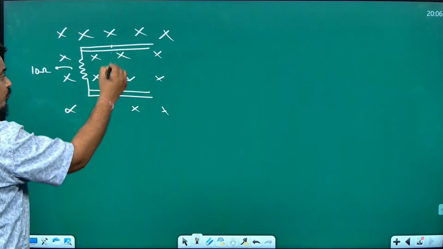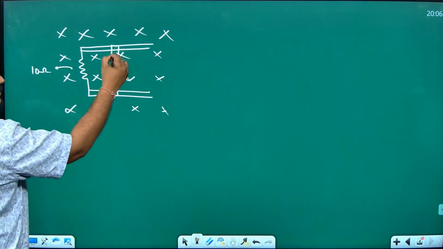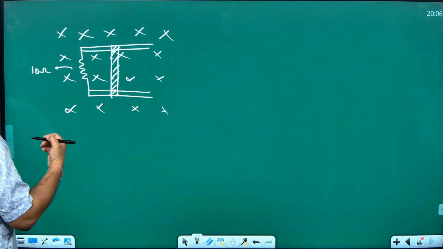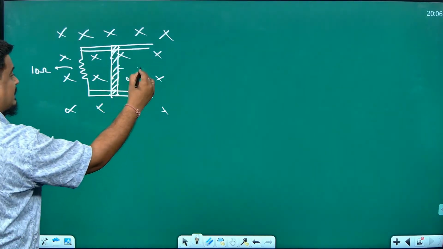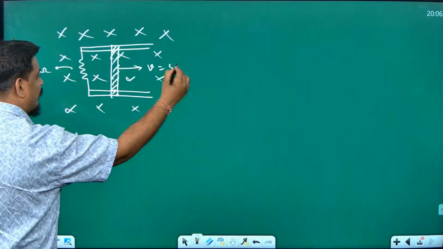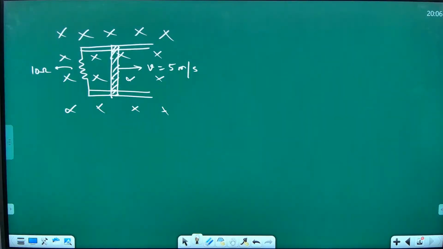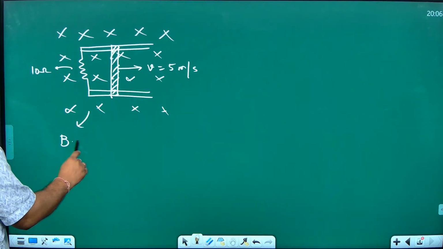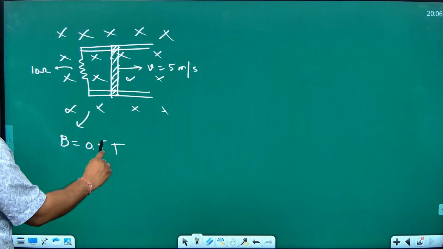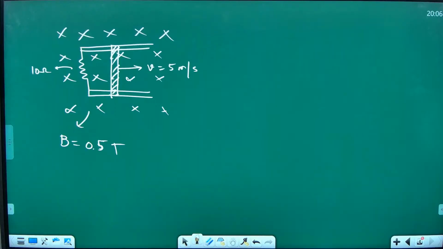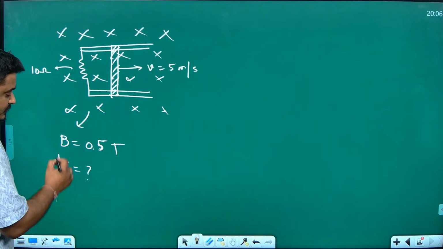There is a moving rod. It is moving towards right with a velocity of 5 meter per second. Magnetic field in the region has a value of 0.5 Tesla. They are asking what is the current in the wire. This is the question.